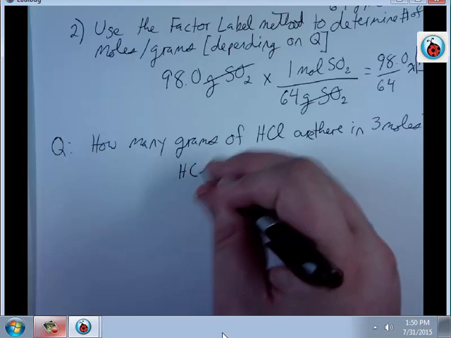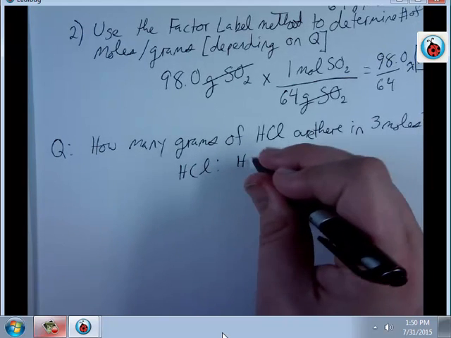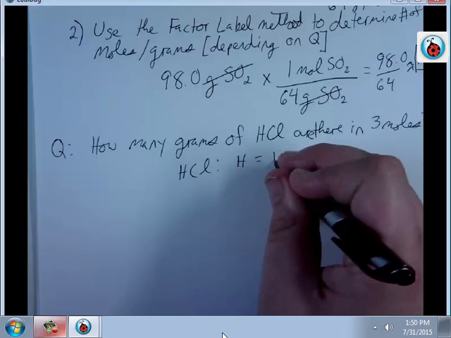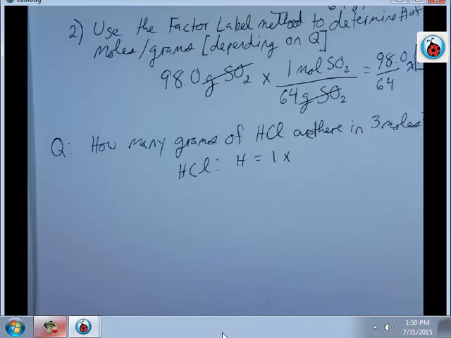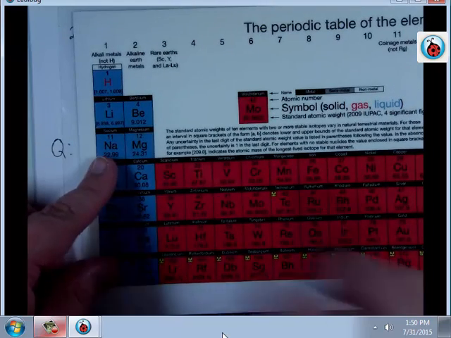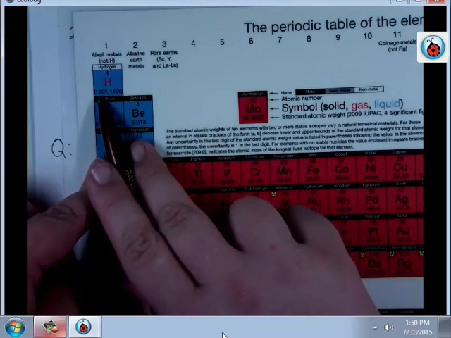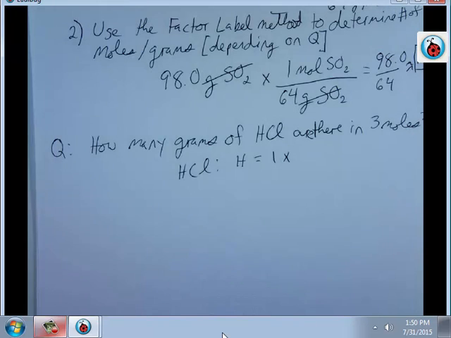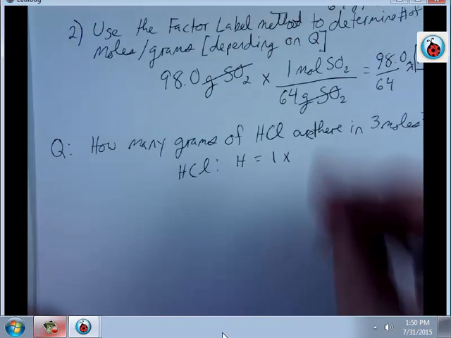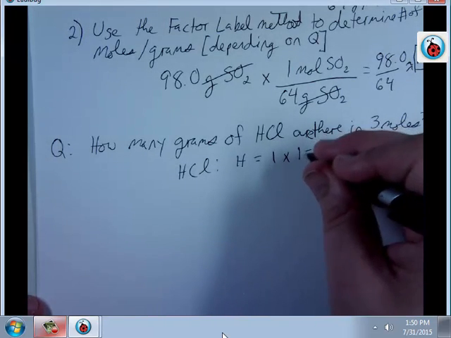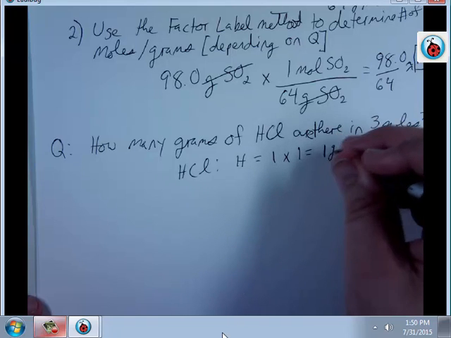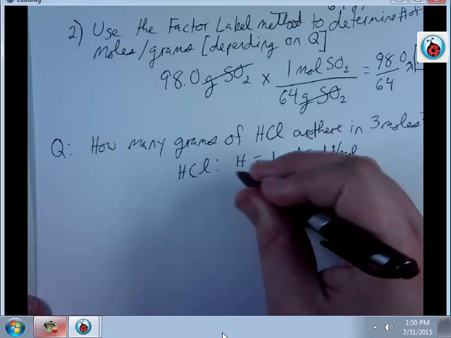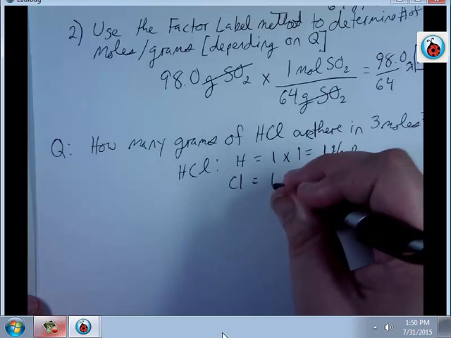So I have HCl. For H, I have 1 times, and if I look it up, here's H, it's about 1. And that gives me 1 gram per mole. And for Cl, I also have 1.